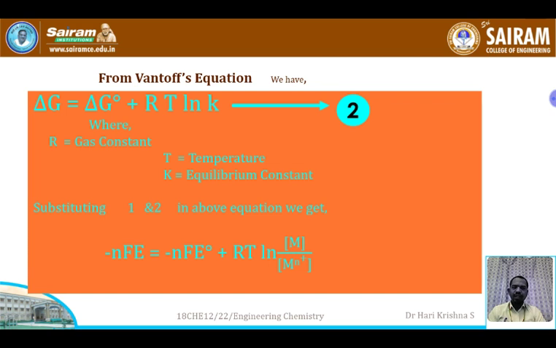What do we want? We want the relationship between the electrode potential E and the concentration of M by Mn+ on the right side. But we have minus nF, which we are supposed to remove. So we divide the entire equation by minus nF.